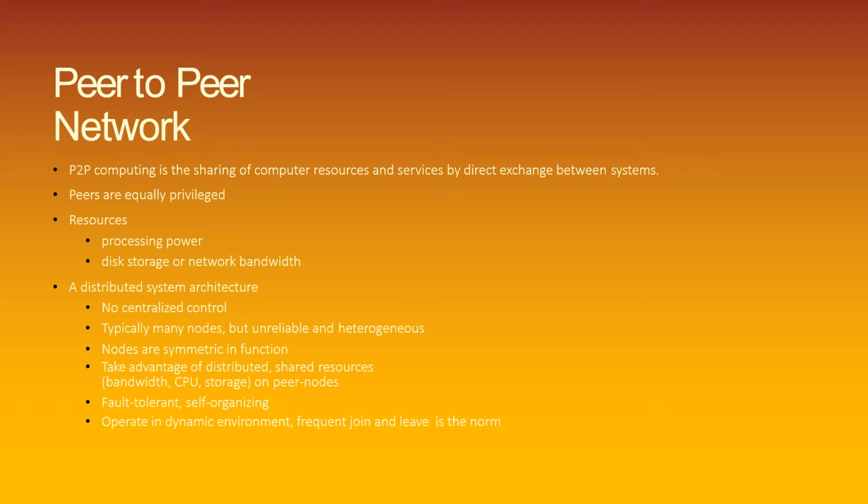It is a distributed system architecture with no centralized control, typically many nodes, but unreliable and heterogeneous. Nodes are symmetric in function. It takes advantage of distributed shared resources like bandwidth, CPU and storage on peer nodes, and is fault tolerant and self-organizing. It also operates in a dynamic environment, where frequent join and leave is the norm. Going to the next slide.